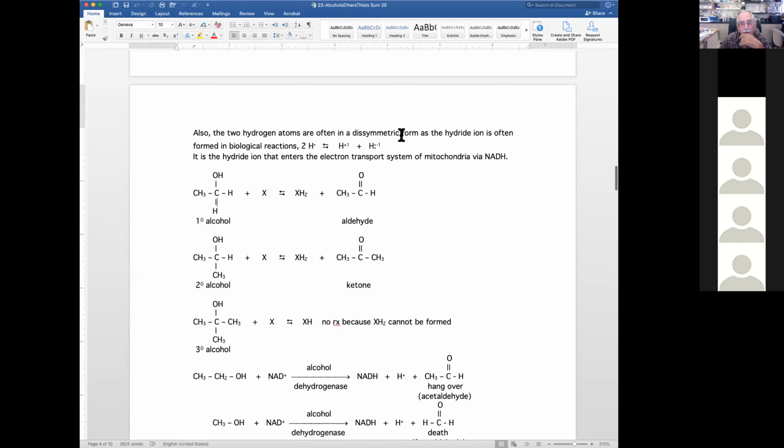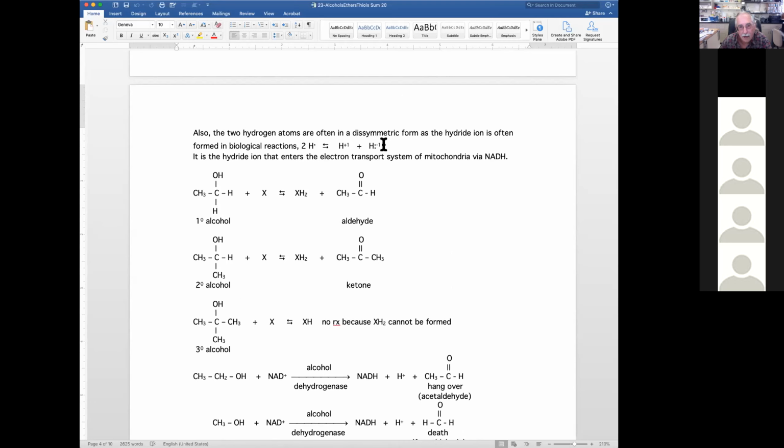So I think I showed you that. Yeah. So what does it really do? It takes the 2 hydrogen atoms and it does what's called a dissymmetric reaction. So 2 electrons go onto the hydrogen, forming the hydride ion.